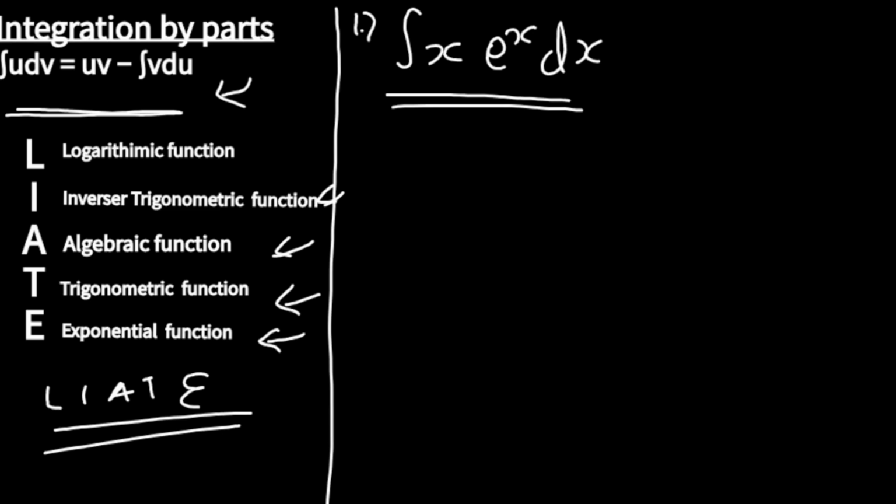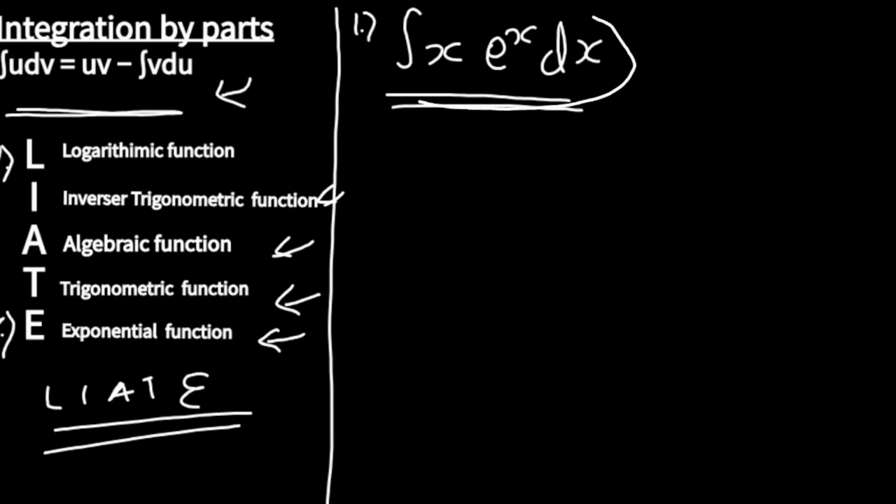Now these are arranged in order, starting with L, the highest priority, and E the last priority. Whenever you are given a function to integrate, you will look at the function, and LIATE will help you to choose your u. Now, let us do this example so that you will understand how LIATE works.